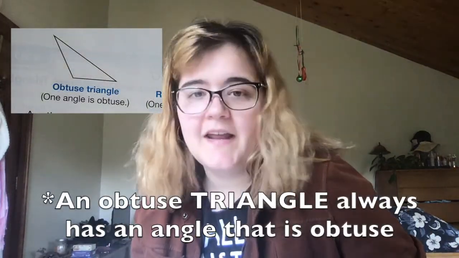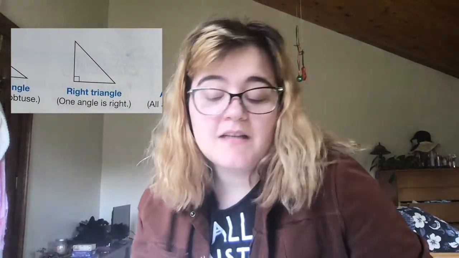An obtuse triangle has one angle that is obtuse. A right triangle has one right angle in it. And an acute triangle, all of its angles are acute. They're all small. As long as you know your obtuses and your acutes, you're fine.